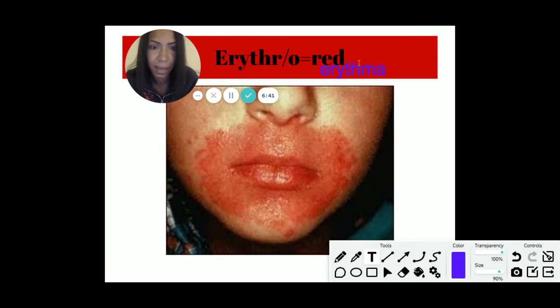So it's kind of a shorthand for erythroderma. We just call it eryth, and we cut out the derm and we just say ma. So know this term as well.